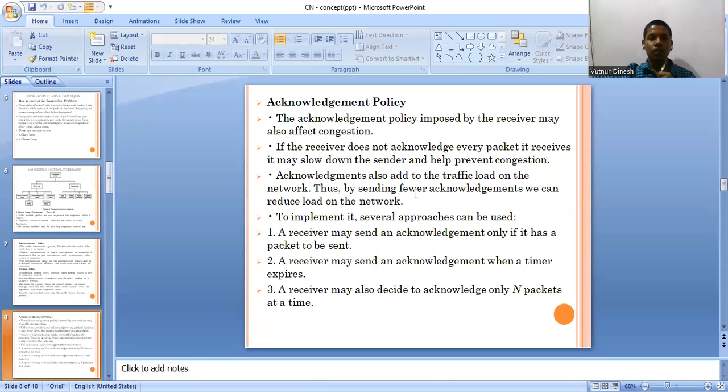Thus, by sending fewer acknowledgements, we can reduce the load on the network. To implement it, several approaches can be used. First, a receiver may send an acknowledgement only if it has a packet to be sent. A receiver may send an acknowledgement when a timer expires. A receiver may also decide to acknowledge only n packets at a time.